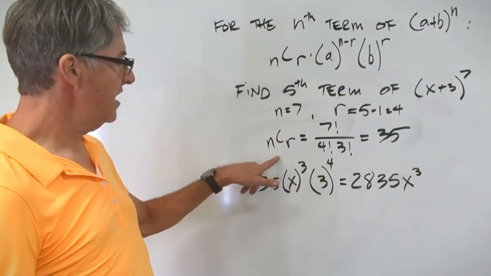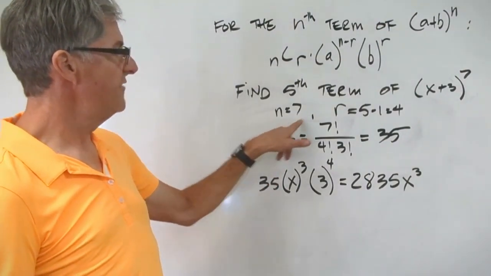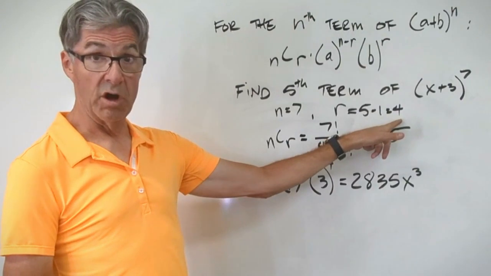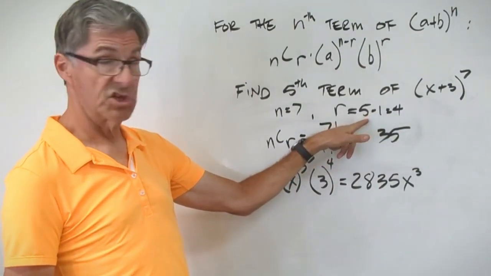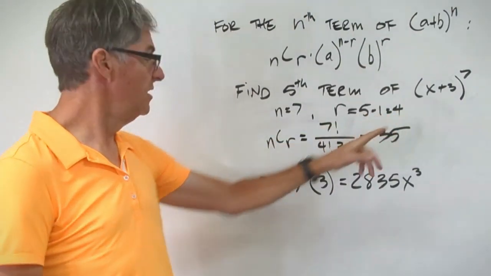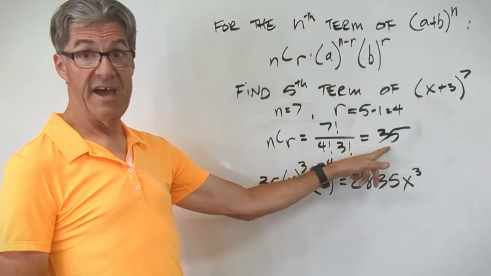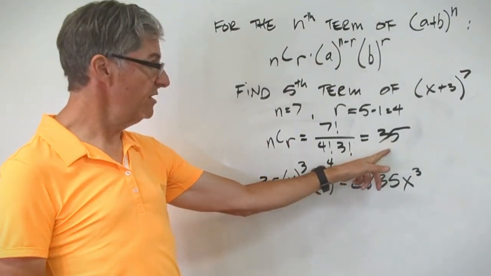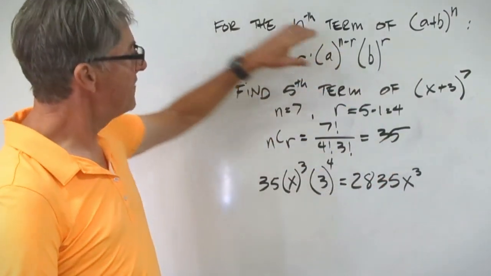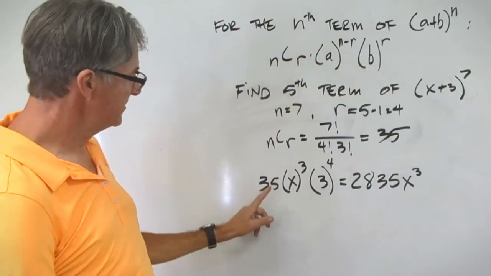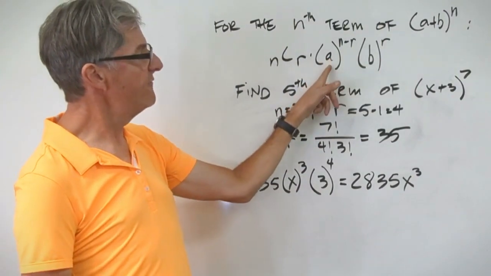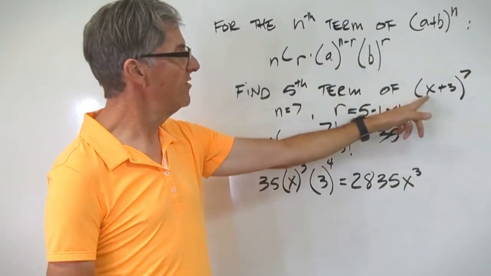So my nCr calculation uses my n as 7 and my r as 4, not 5. It's the term number minus 1 that gives you your r. And so I plug that into my factorial equation and I get 35. So make sure you can do that and get to 35. Then I take my 35 and plug it in here for my formula. So there's a 35. And I'm doing my first component of the binomial, that's the x.